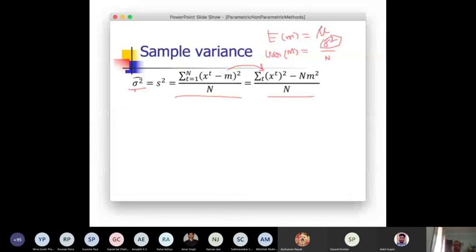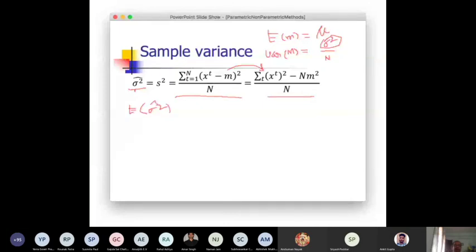So now again, linear relationships can be expressed, because we have to find out, of course, the expectation. Now you would like to find out the expectation of this sigma square estimate. What is the expectation of this?